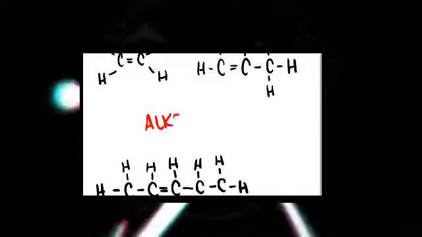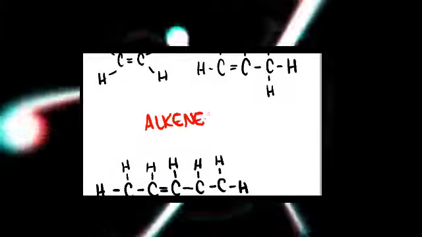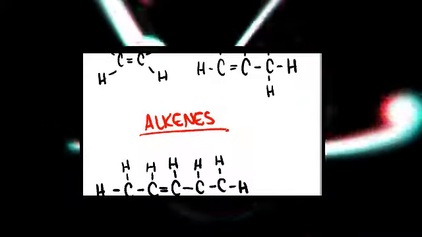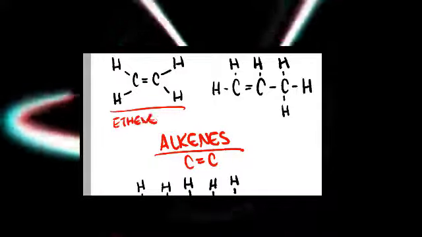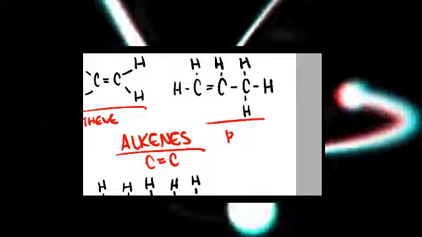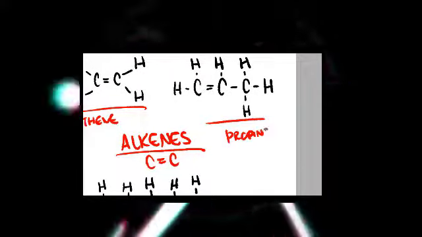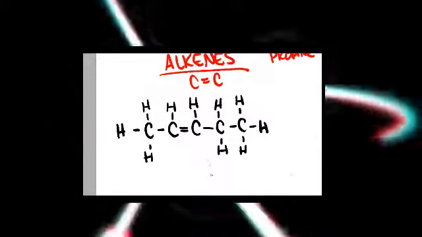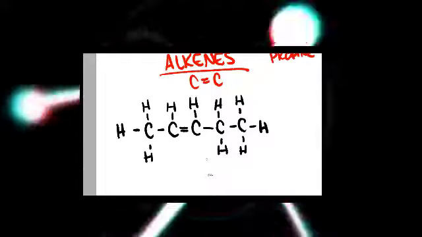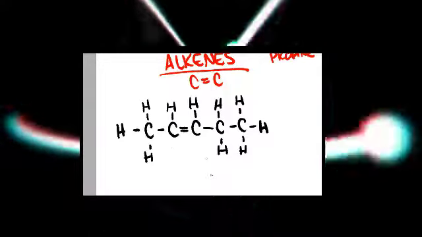Next, we'll look at the alkenes. The alkenes are unsaturated hydrocarbons, which means they have carbon-to-carbon double bonds. The smallest alkene has 2 carbon atoms, which is ethene. Next, we have propene with 3 carbon atoms. And the final example has 5 carbon atoms. Here, because there is more than one position in which the double bond could be, we use a number.